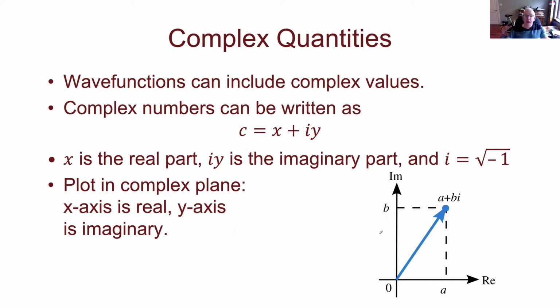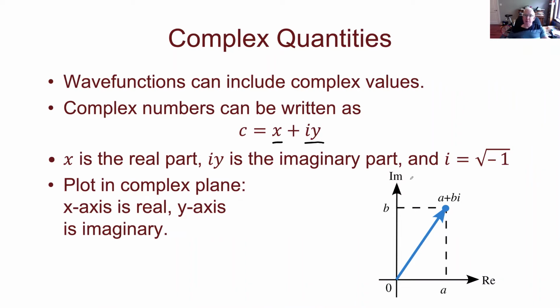So just a quick refresher: if I take my complex number, this equation says I can divide it into a real piece and an imaginary piece, right? The i in there is the square root of -1, and so the iy term is the imaginary piece of things.